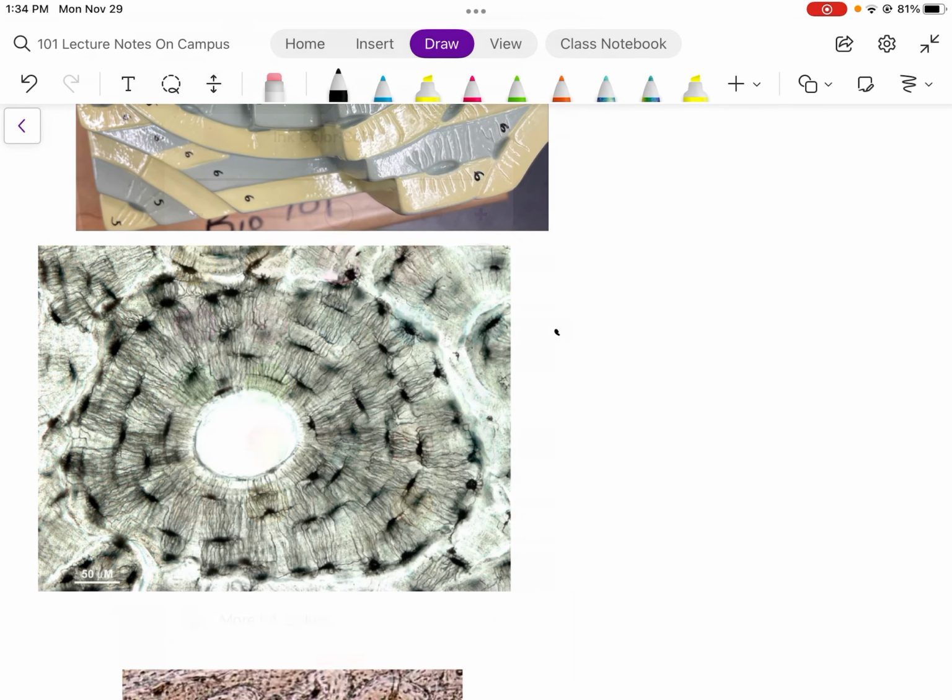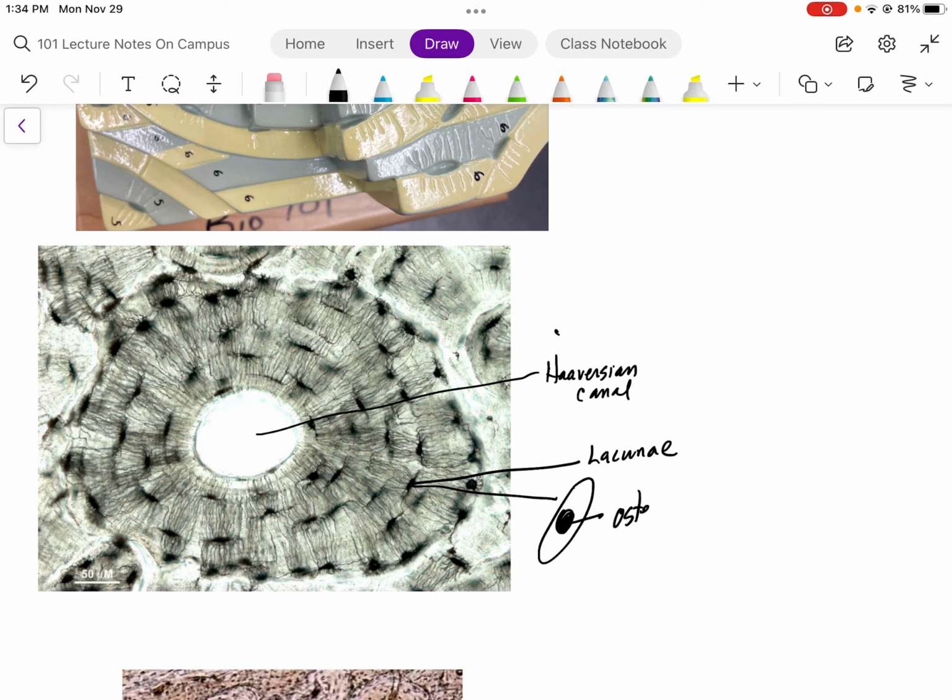So you can quickly see that this in the middle is what? Yes, that's the Haversian canal, right? And then if I look at one of these things, what I'm seeing is a lacunae, and inside that very thing is a cell that I'm going to call an osteocyte.